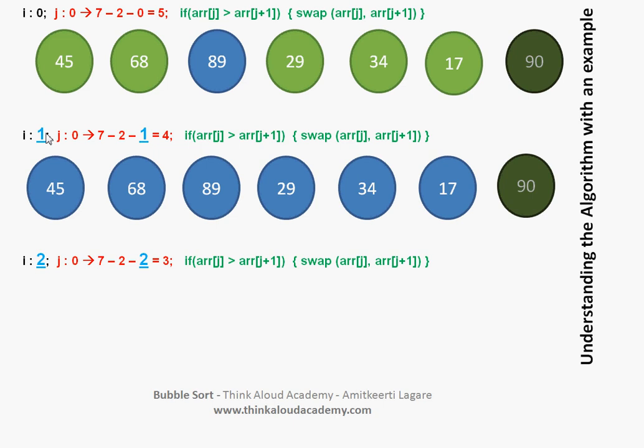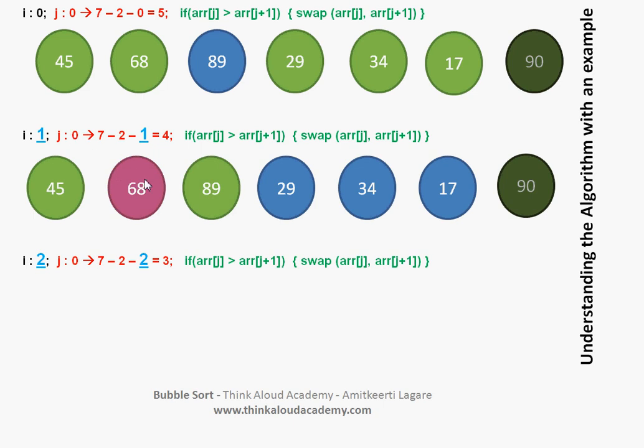When i becomes 1, j goes from 0 to 4. Since 90 has already been sorted, we need not go all the way till 90 and compare the last element as well, because this element has already been sorted. So again we start from j equal to 0 to 4. When j is equal to 0, we compare array of 0 with array of 1, and we keep it as it is because 68 is greater than 45.